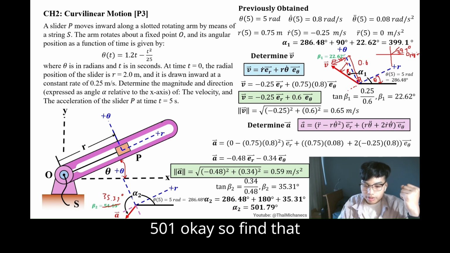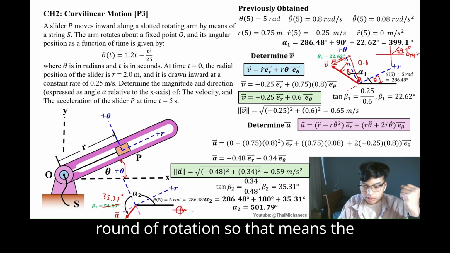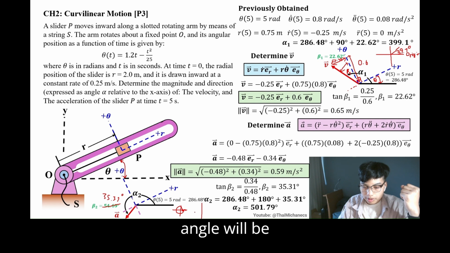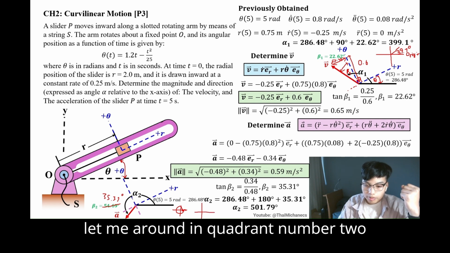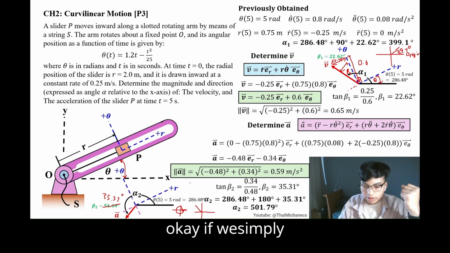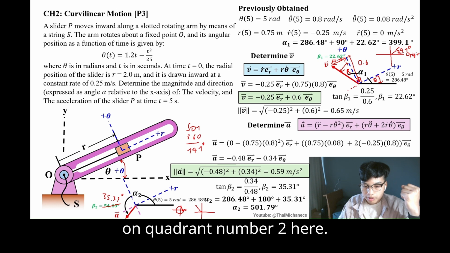So 501 is already past one round of rotation, which means the angle will be around in quadrant number 2. If we simply calculate 501 minus 360, we get 141 degrees, which is in quadrant number 2 here. That is the direction of the acceleration vector.